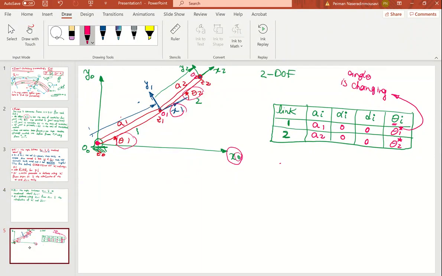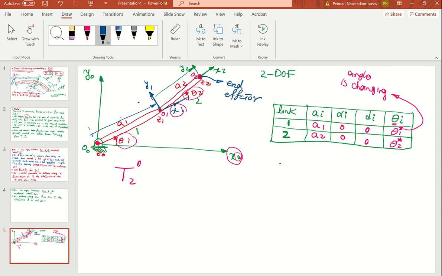Now if I say find the transformation matrix T2 with respect to the end effector, I'm saying end effector, like in the lab I have the end effector.